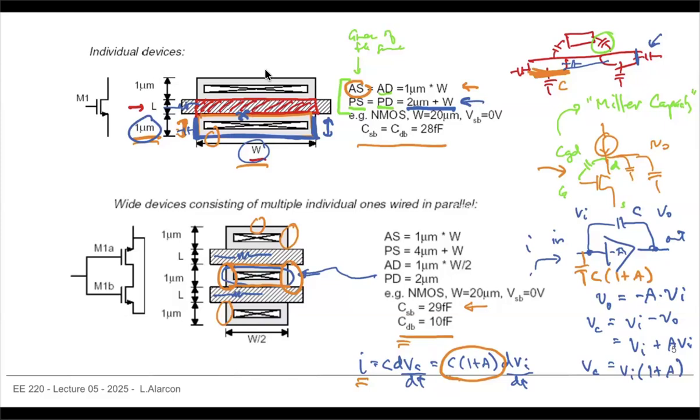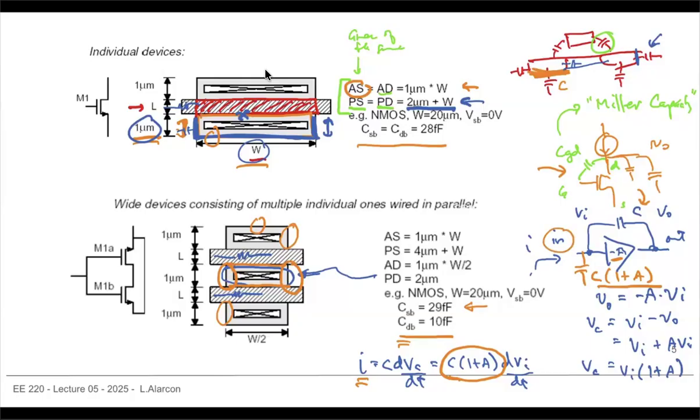So even though you have a very small capacitance over here, if you put it across an inverting amplifier with relatively large gain, from the input it actually looks like you're charging a very large capacitance.